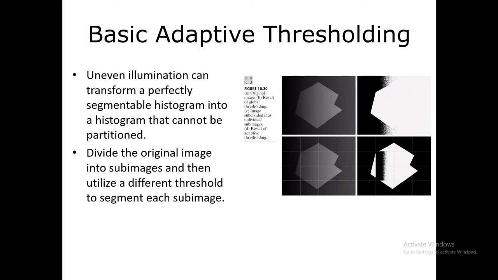So in order to get proper segmentation, we divide the original image into sub images and then use a different threshold to segment each sub image.